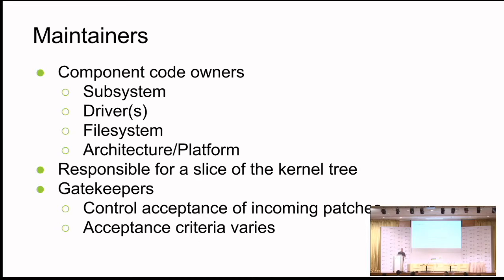And architectures, and also platforms that need a lot of support will have their own maintainers. So each of these component code owners is responsible for some portion of the kernel tree. They own that tree. They're the gatekeepers. They are the ones that control acceptance. If you're going to modify code in their area, they have the final say as to what changes in there.